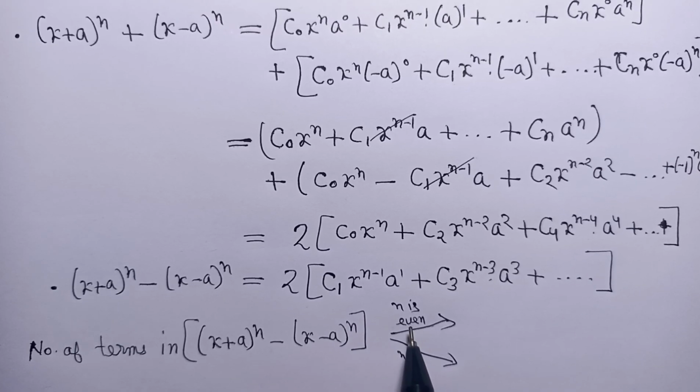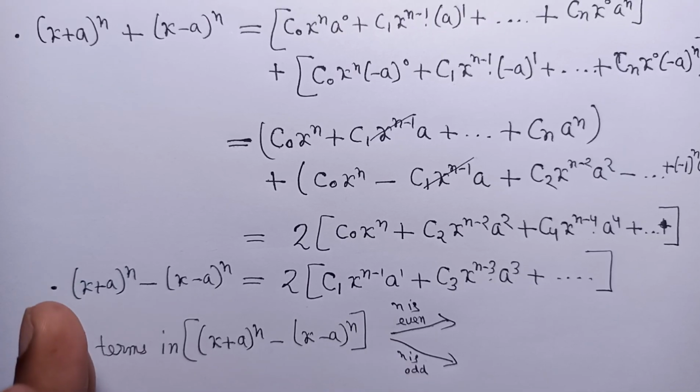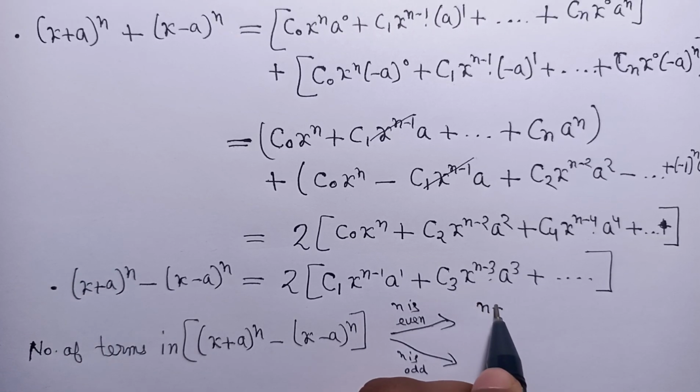So when n is even, in this expansion there are n plus 1 terms, means odd terms. And in this expansion again n plus 1 terms, so odd terms minus odd terms. So when you subtract odd terms from odd terms, you know that 50% of terms will cancel out because of this negative sign. So you will have total terms like n plus 1 divided by 2.